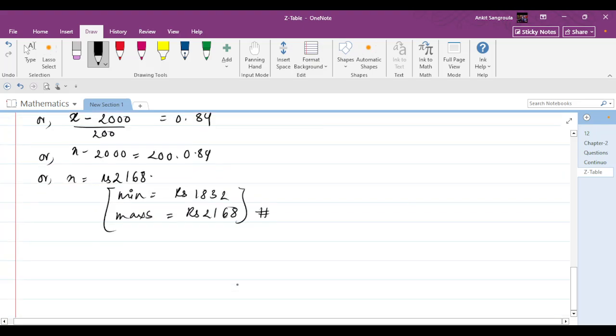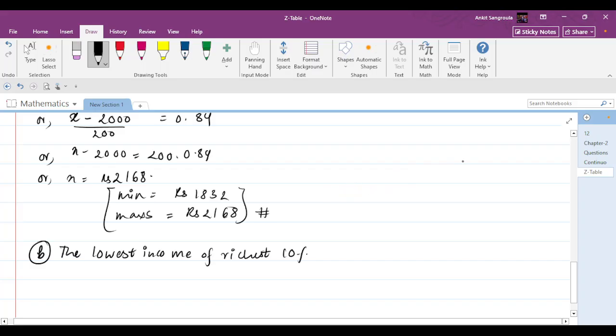And now we are going to find the value for the second question, that is the lowest income of the richest 10% of employees. So how do you find this?